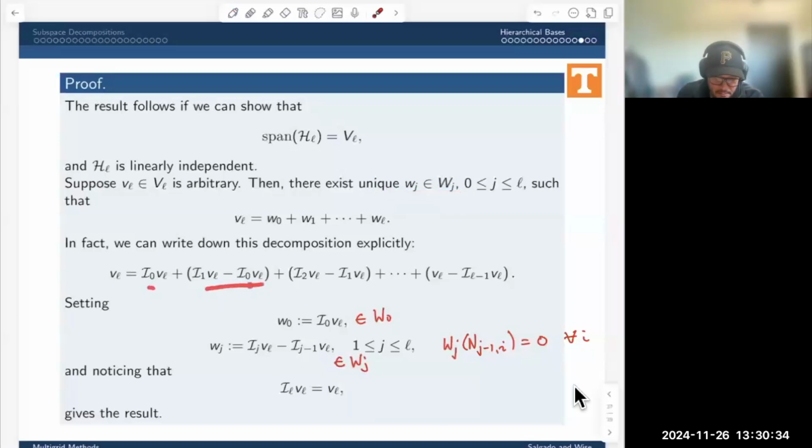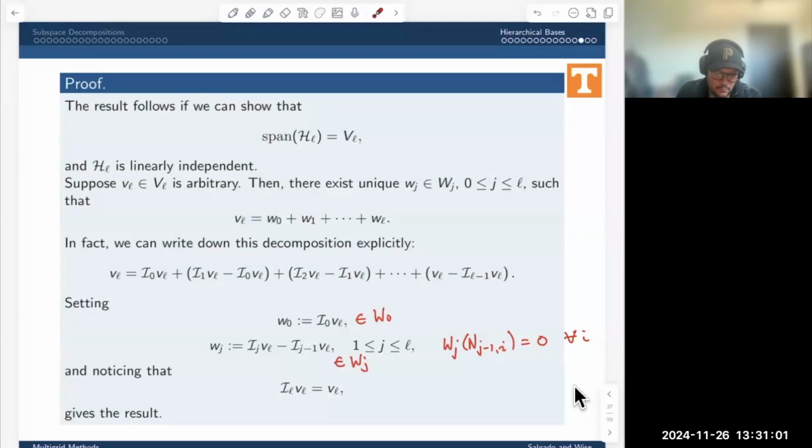So if we find that we have a decomposition like that, then we know it has to be unique, because all decompositions of that style are unique. All right, and again, we argue that this difference is in Wj, and this function is in W0, and so we're done. So that shows the spanning property, that we can take any VL in VL and write it as a span of functions from HL.